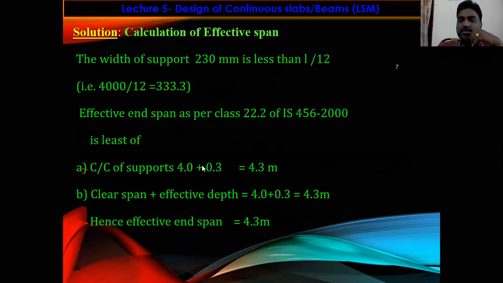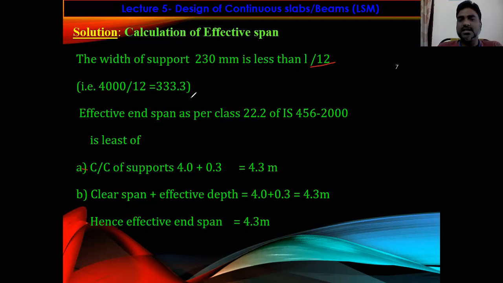So the effective span should be calculated based upon the width of the support. There is another condition for calculation of effective span. If the width of the support is less than 1/12 times the clear span, then you can calculate the effective span same as for simply supported.